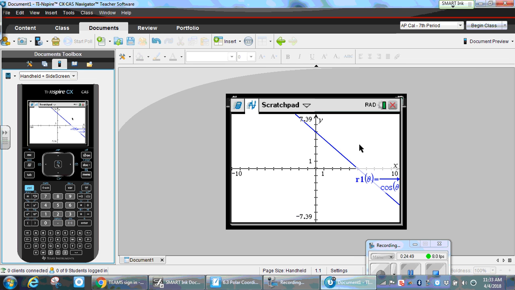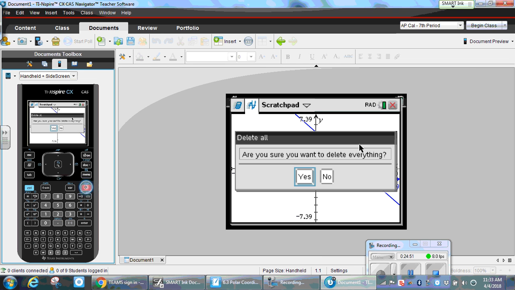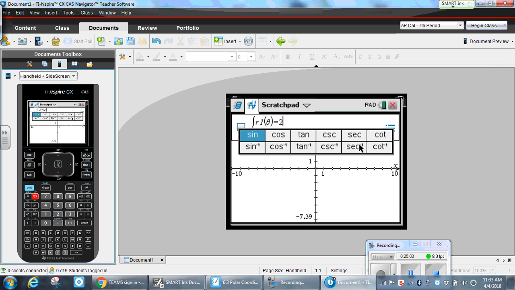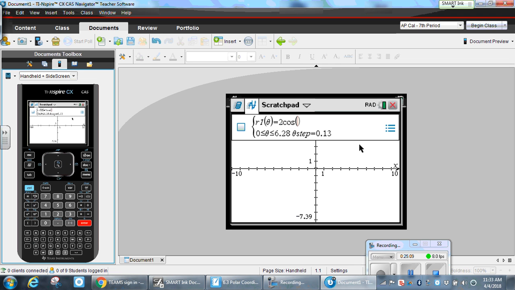Here, so I'm just going to delete the one that I have. And so remember, we're going to enter it as polar, and that was 2 times cosine theta.